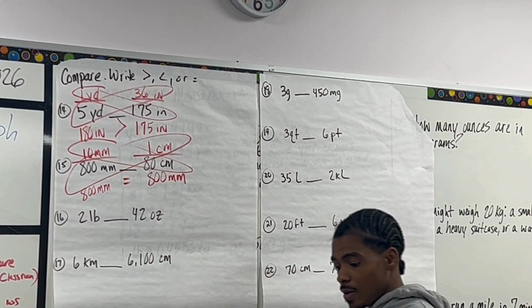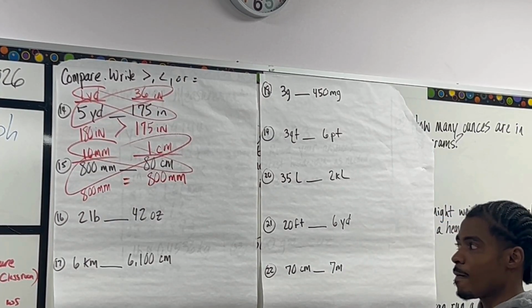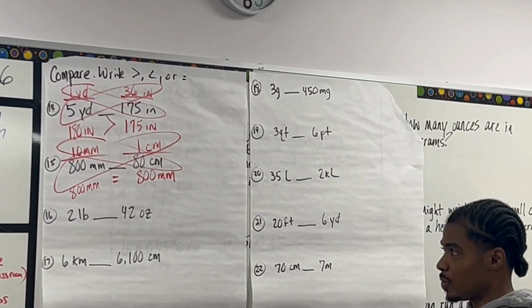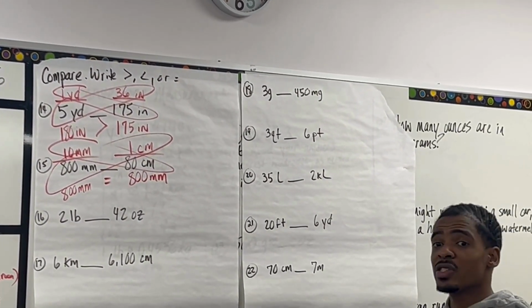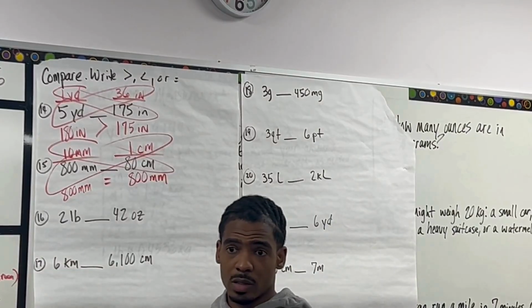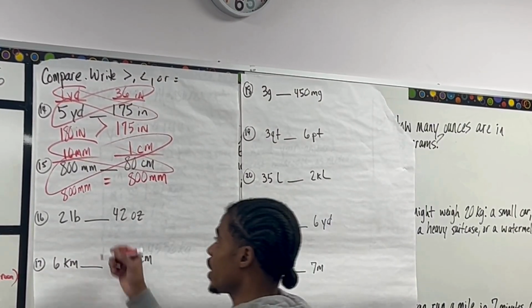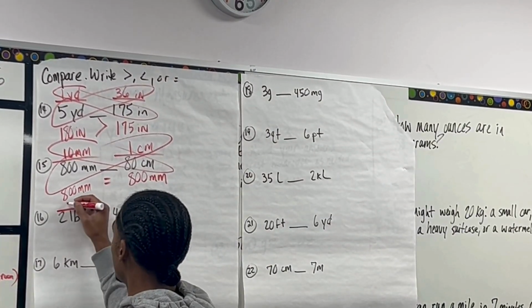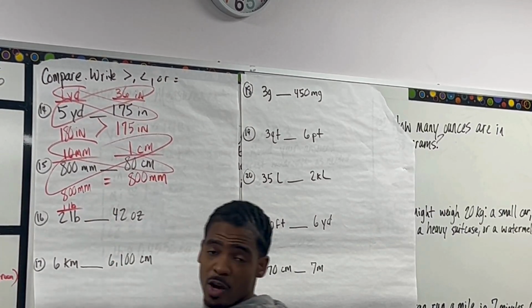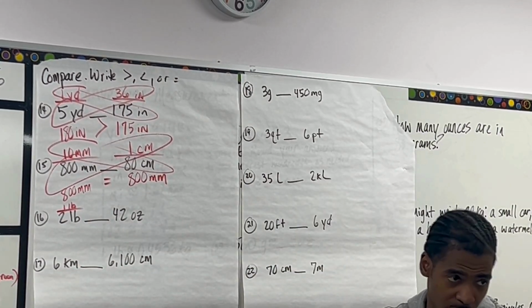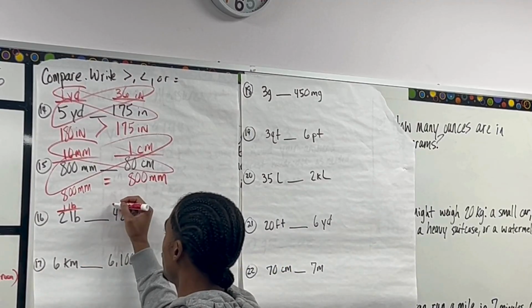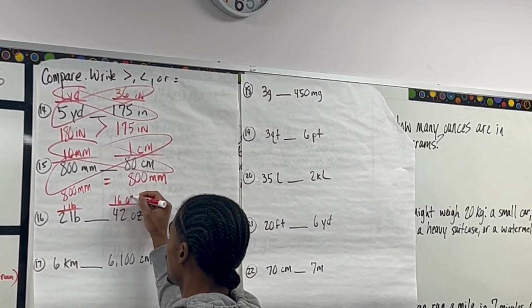For this next one, we got pounds and ounces. So how many ounces are in a pound? It's 16 ounces in a pound, right? So 1 pound, and LB is the abbreviation for pound, is 16 ounces.